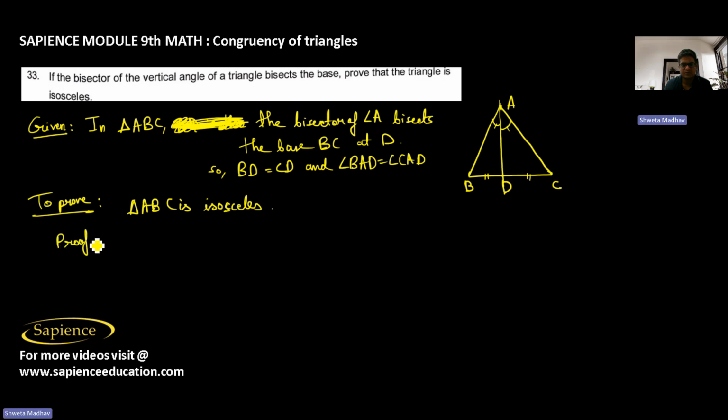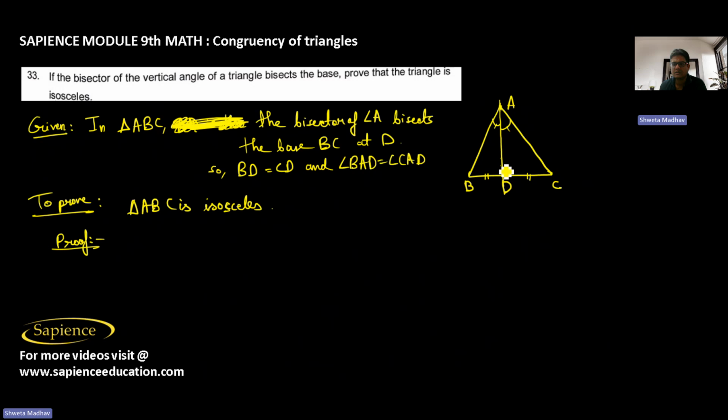So the proof is like this. The bisector of this angle bisects the base. These two angles are equal.